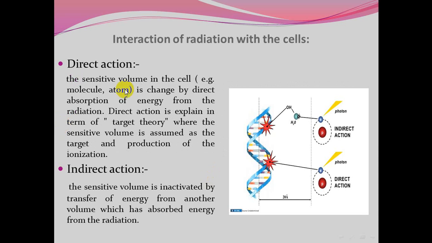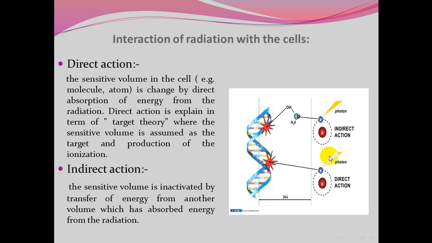Interaction of the radiation with the cells. In definite explanations, there are two theories or two actions for radiation interaction with the cells. It may be direct action or indirect action. This diagram will illustrate both actions.